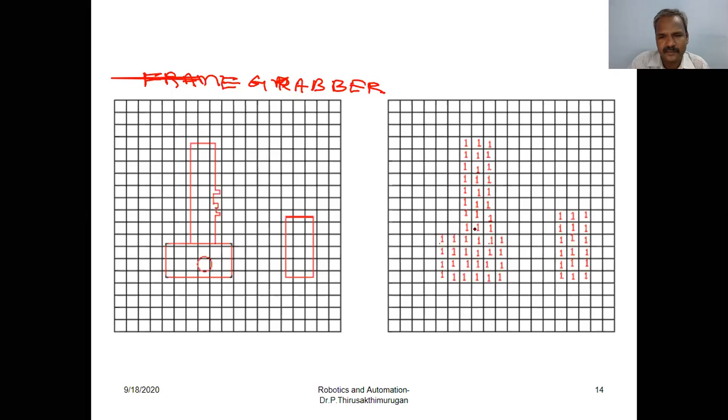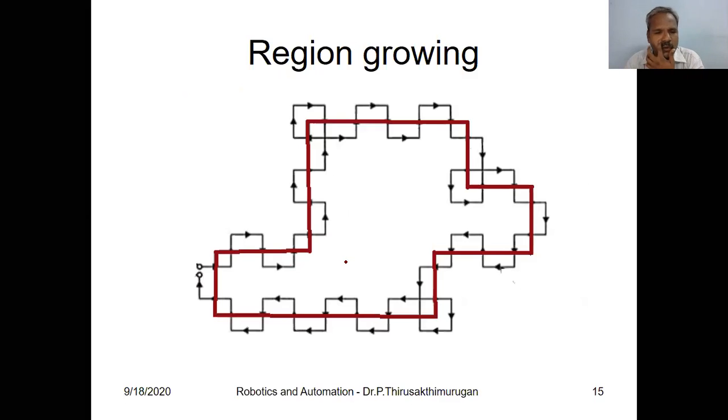This is a typical example for region growing assignment. Then next is edge detection. Actually, in region growing there are two types: one is edge touching, and one is pixel fixing.